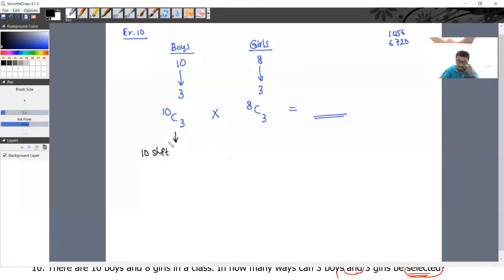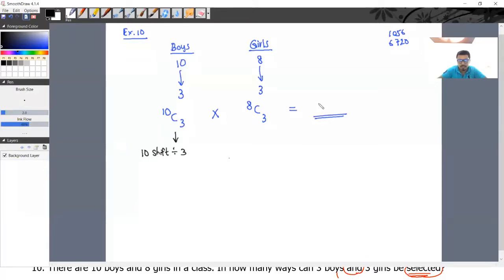The division button gives nCr and the multiplication button gives nPr. Press 10, shift, division, then you can see the C letter on your screen. Then the r value is 3. Okay, 10C3, you can see it on your display. Multiply it by 8, shift, division, 3.